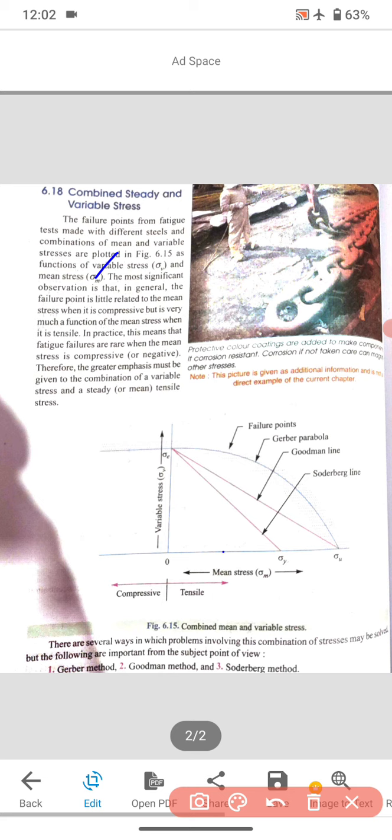In practice, this means that fatigue failures are rare when the mean stress is compressive, or negative. So this plot is for the tensile region.